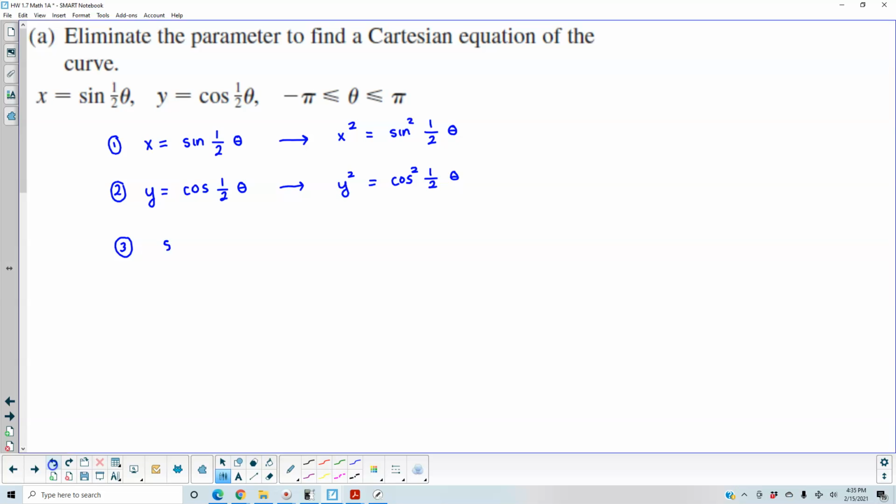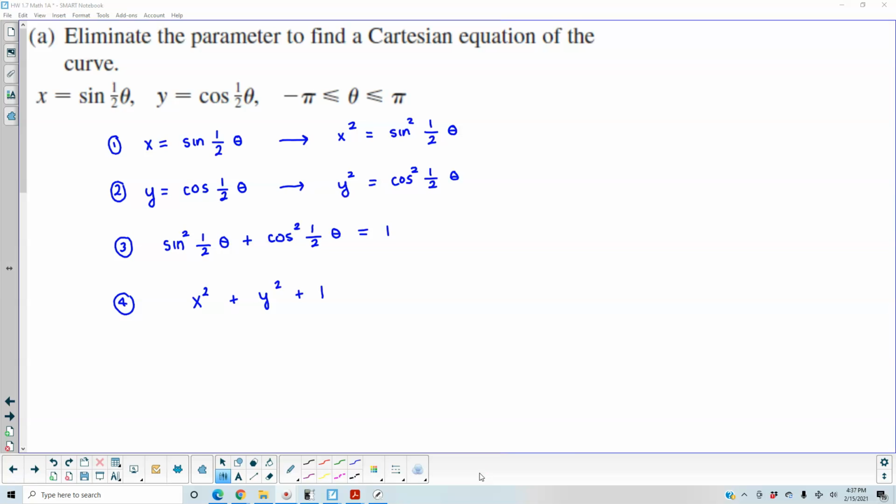If we have sine squared of 1/2 theta plus cosine squared of 1/2 theta, we know that's going to equal 1. And then we can also replace sine squared 1/2 theta to be x squared plus cosine squared 1/2 theta is y squared plus 1. But there is a restriction for theta from negative pi to pi.